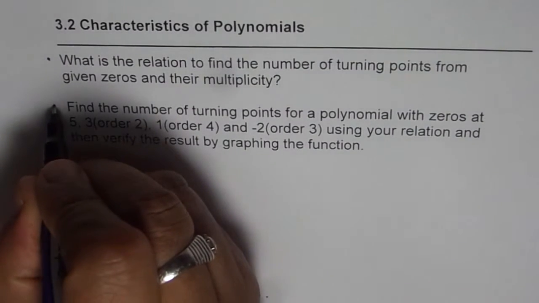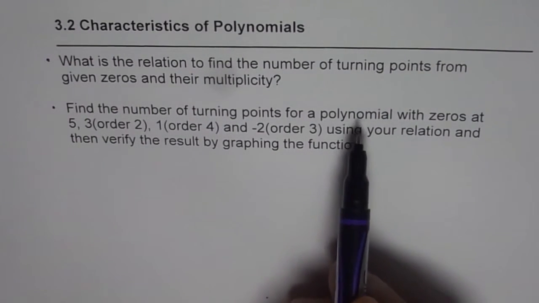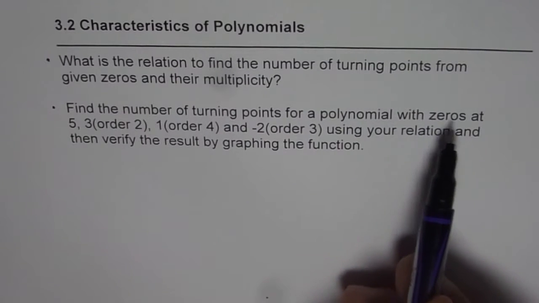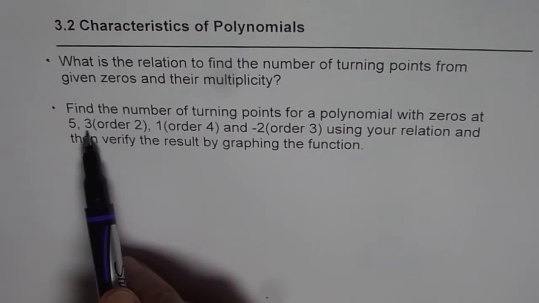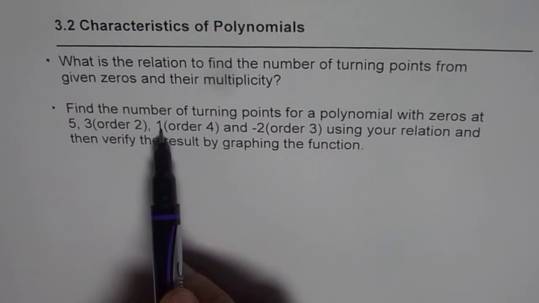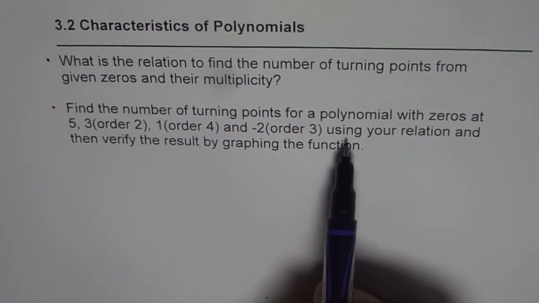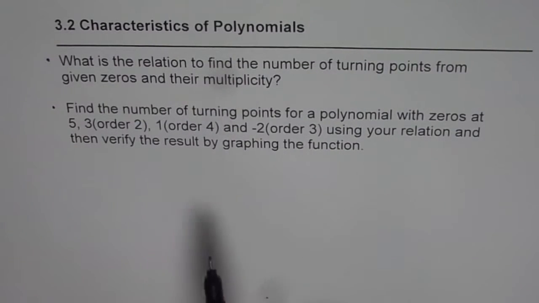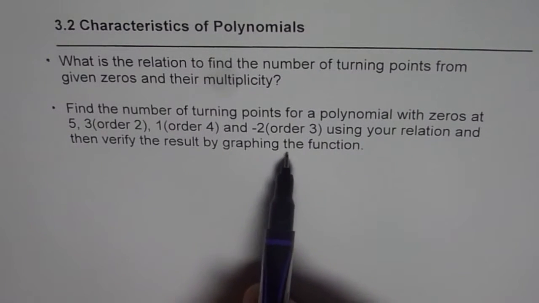Once you find the relation, then find the number of turning points for a polynomial with zeros at 5, when we don't write order or multiplicity, it's a linear zero, 3 of order 2, 1 of order 4, minus 2 of order 4, and order 3, using this particular relation, and then verify the result by graphing the function.